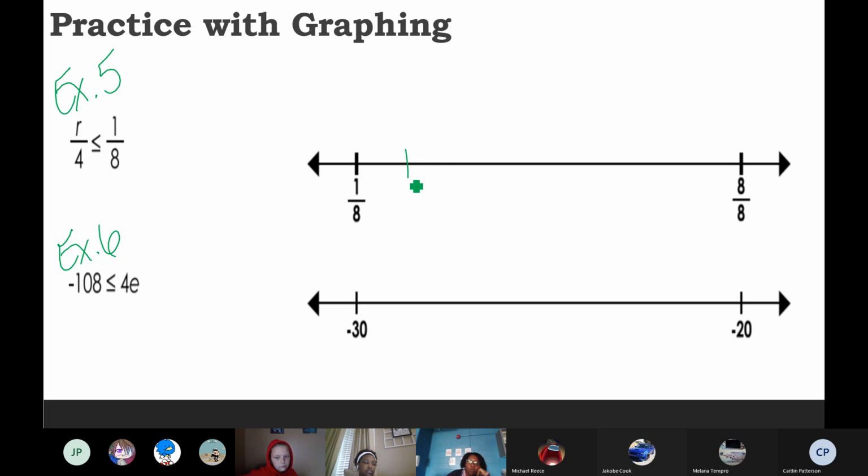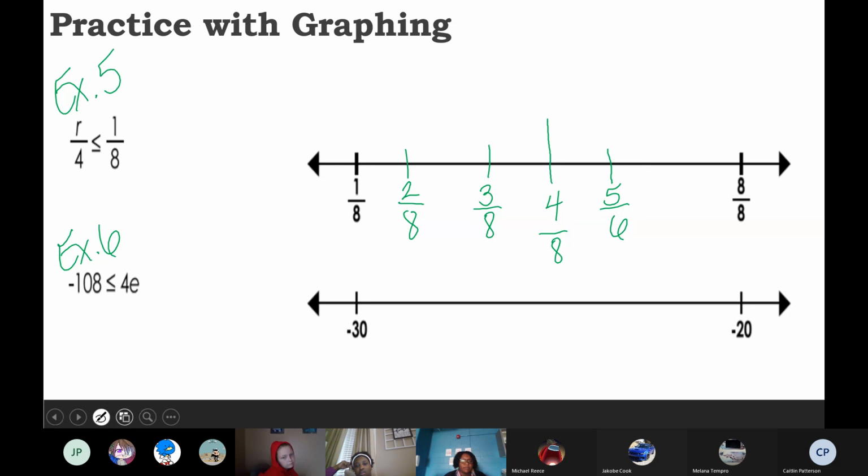What comes after 1/8? 2/8. Right in the middle is going to be 4/8, so that'll help me out with spacing. Then we'll have 3/8, 4/8, 5/8, 6/8, 7/8. Very good.